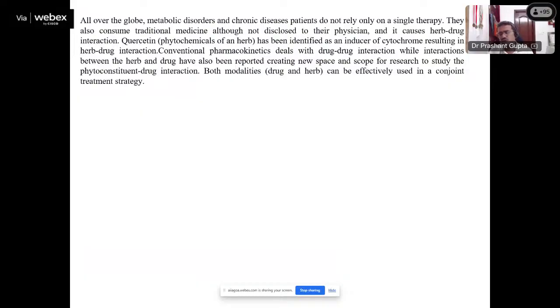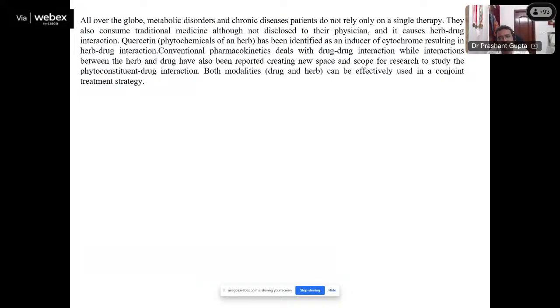We usually do not have such answers. By computation we can create some good answers. Maybe that has to be replicated in the wet lab and then in the clinics, but at an initial instance we can say yes, there could be a herb-drug interaction, or possibly no herb-drug interaction. So this is another field where we can work.